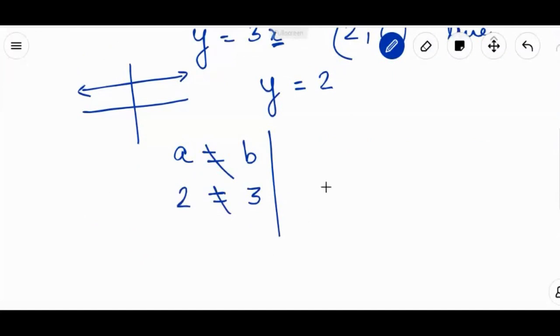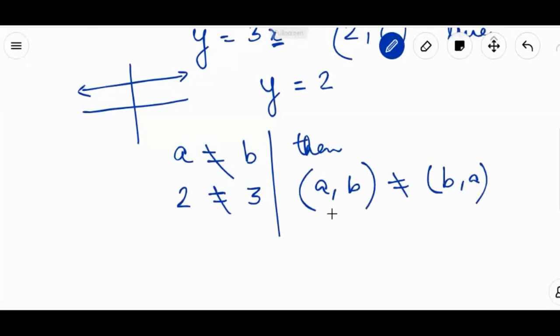Now what we have to check is A comma B is not equal to B comma A. So that means 2 comma 3 is not equal to 3 comma 2. Is this statement true? Yes, ma'am. Because these are two different points and they are not equal. So this statement is true.